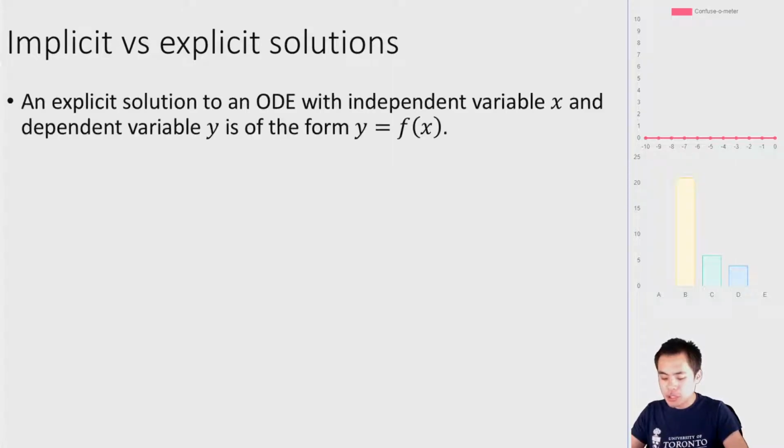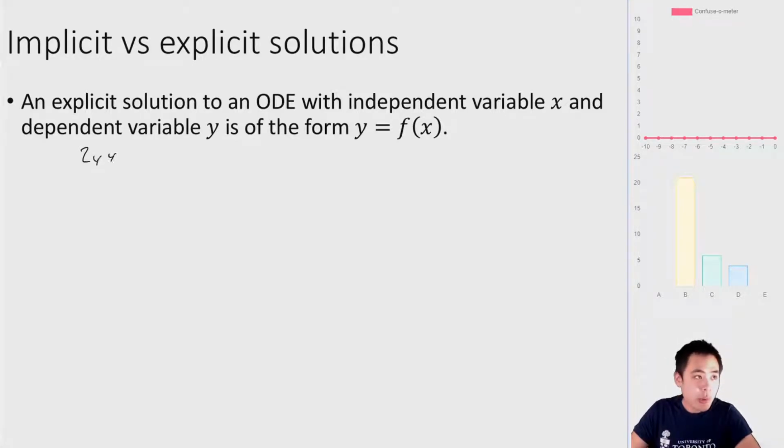So this is an important distinction. An explicit solution to an ODE with independent variable x and dependent variable y is of the form y is some function of x. So that's a standard solution. And so we had that example here.